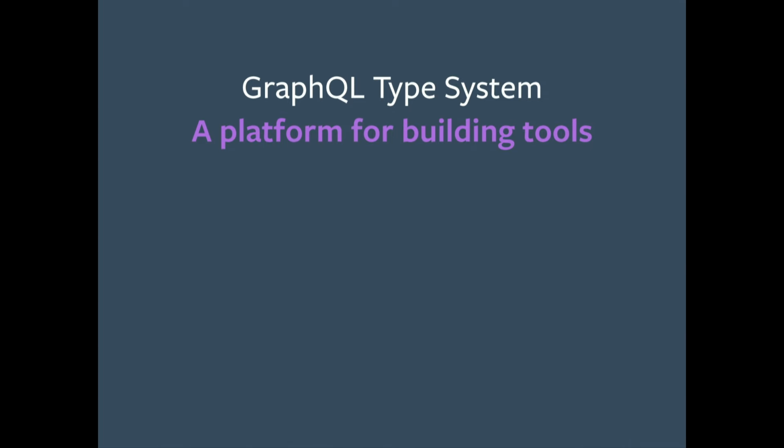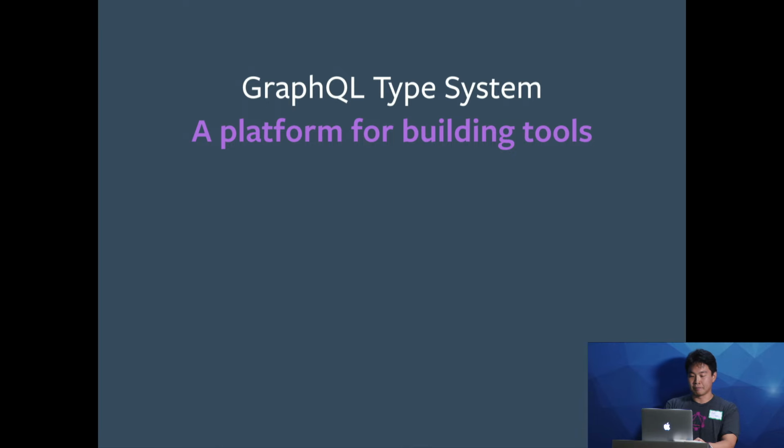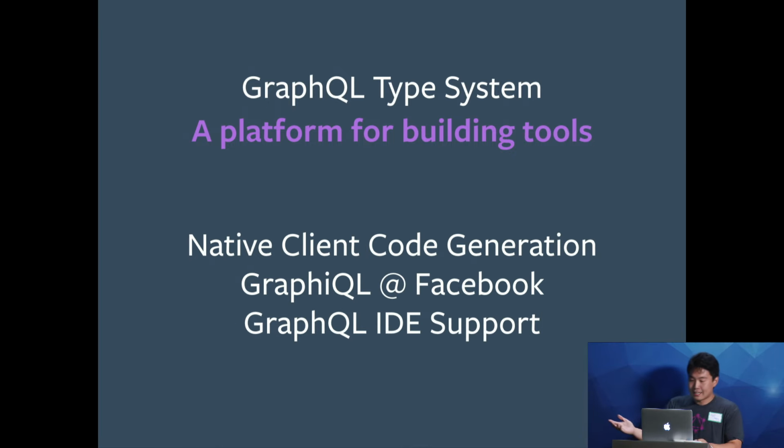I'd like to introduce some of the tools we built to support native client development. These are native client-side code generation and GraphiQL, in the scope and scale of Facebook. And lastly, I want to give you a little sneak peek at a GraphQL IDE support that I've been working on for the past couple of months.